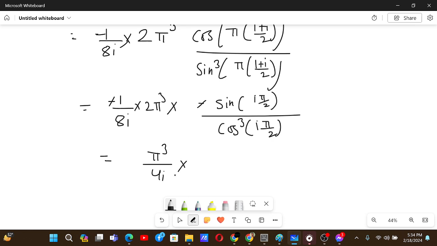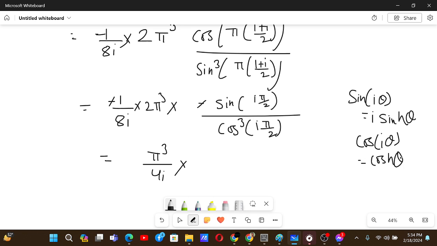Yeah. Now you might have known that sine of i theta is equal to i sinh theta, and cos of i theta is equal to cosh theta. You can derive this from the complex definitions of sine and cos. Yeah, it's not that hard.